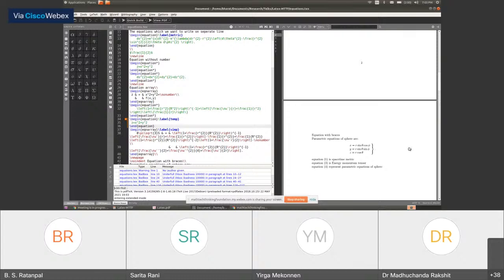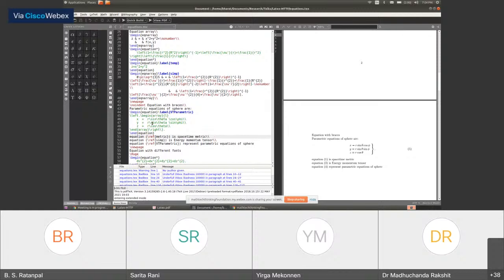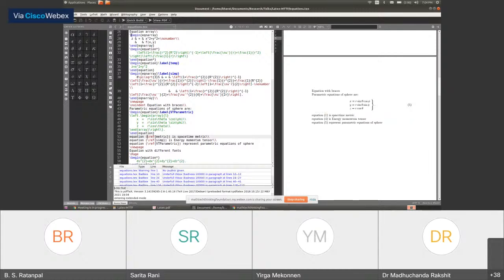Whenever we are citing the reference or using the equation number with the function called ref, we run the program 3 times. Now you can see the equations have changed to 1, 4 and 5. This numbering will automatically change when we have the labeling.